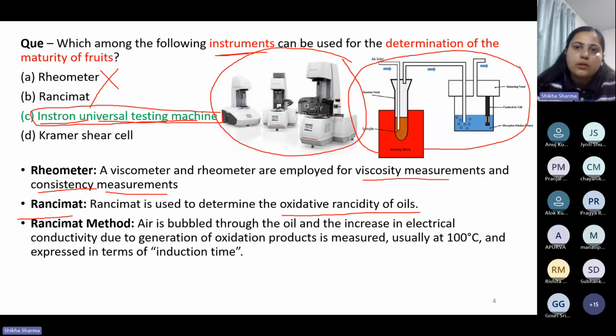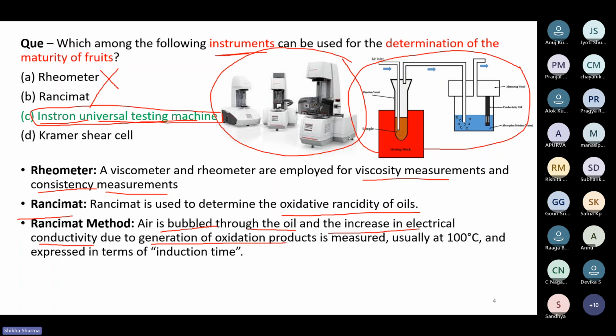We discussed in previous lectures that in the Rancimat method, air is bubbled through the oil, and we measure the increase in electrical conductivity, which changes due to the generation of oxidation products, usually at 100 degrees Celsius. The induction time is the parameter which we get from the Rancimat method.